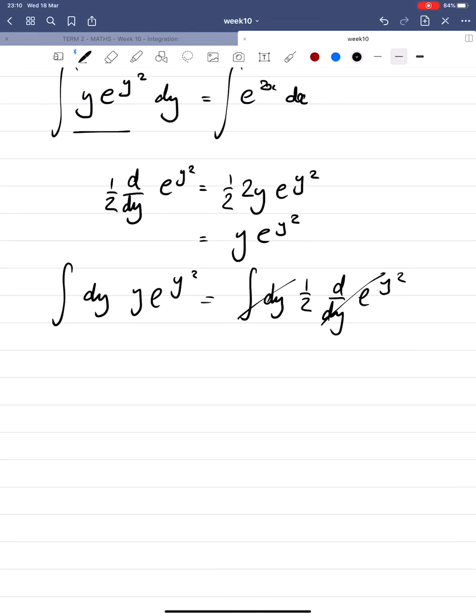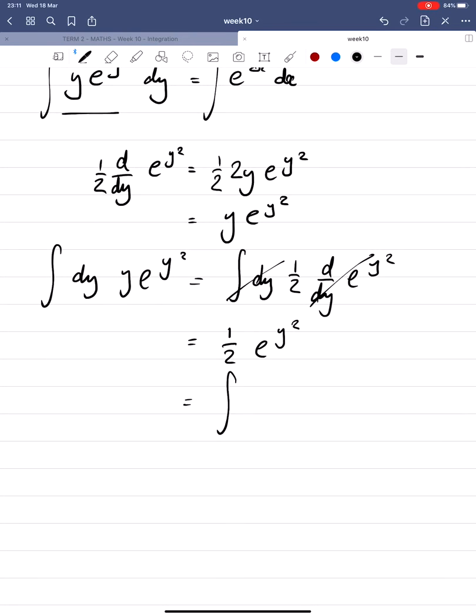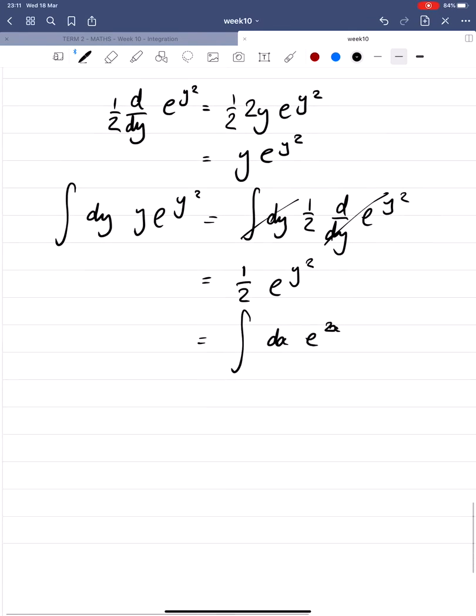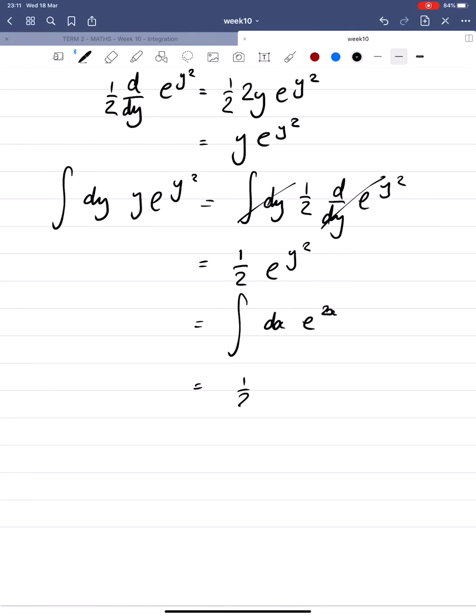These cancel, so that's just a half e to the y squared is equal to the integral dx e to the 2x. It's a half e to the 2x plus some constant c.